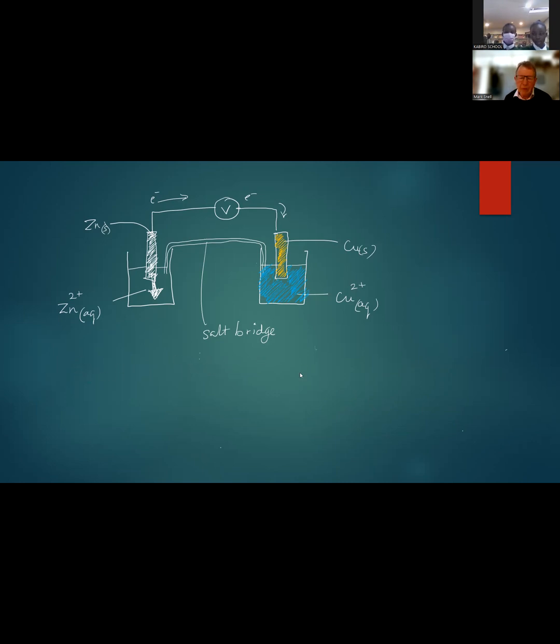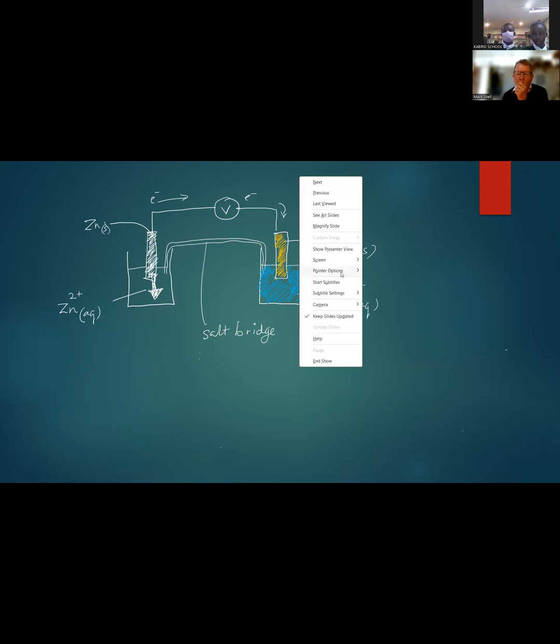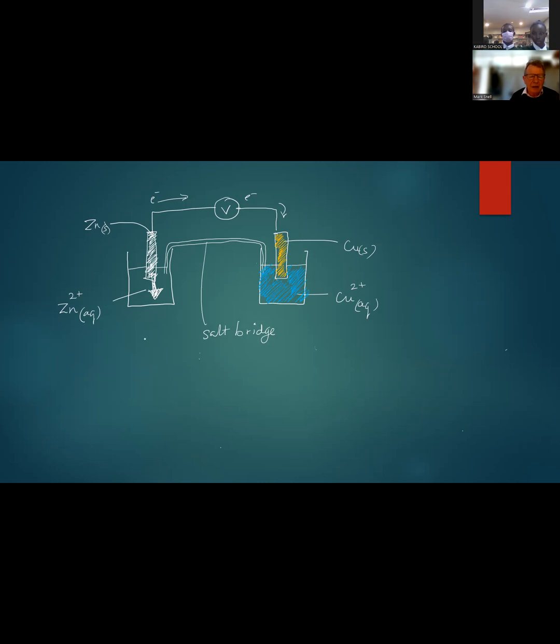Okay. So I look at this here. I know that Zn turns into Zn2+. And I know that Cu2+ turns into Cu.